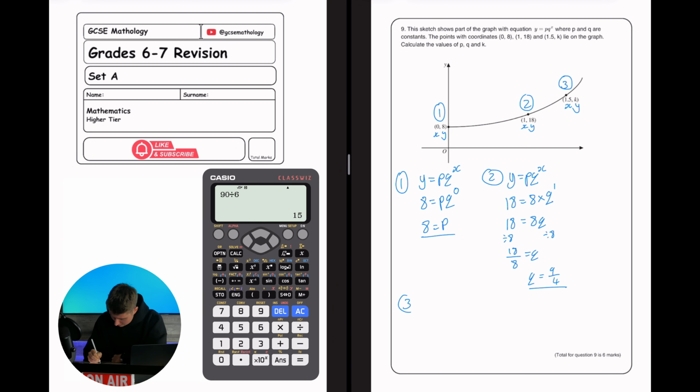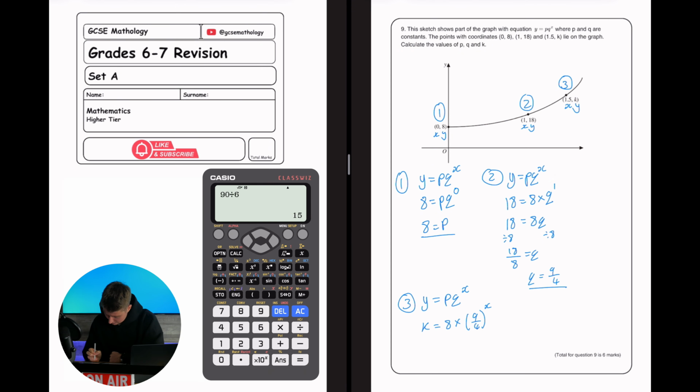And then if we look at the third equation, we've got y equals pq to the x. We know that y is equal to k, p is equal to 8, and q is 9 over 4, to the power of x. So now we can solve for k.